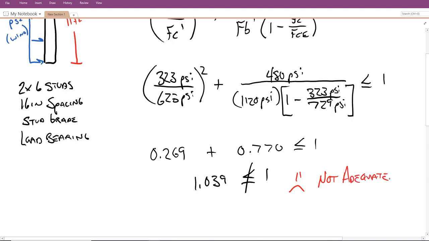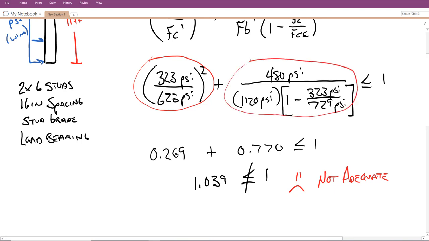Again, just as a quick summary, the left side of the equation shows that with regard to compressive stress and bending stress, when those two act in combination with each other for timber, for this particular loading scenario, this is not adequate, and we'd have to either reduce the loading on there or opt up for a larger sized member.